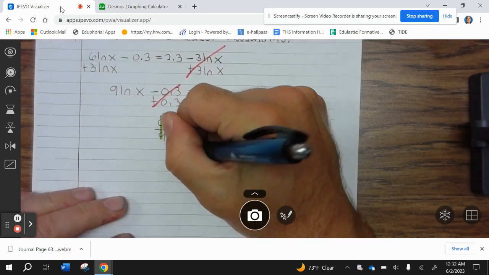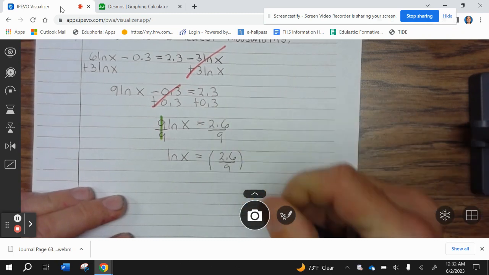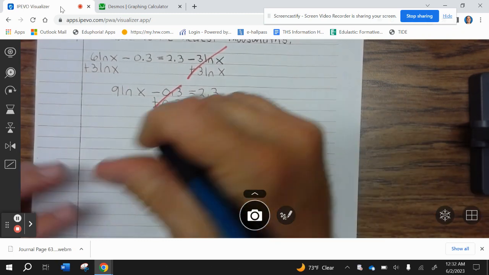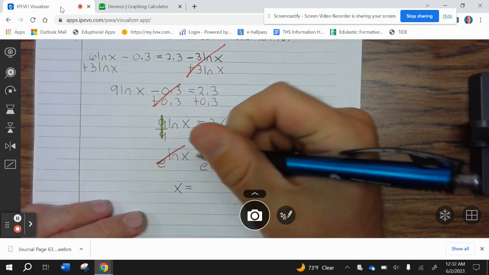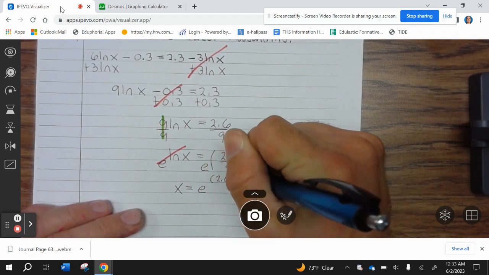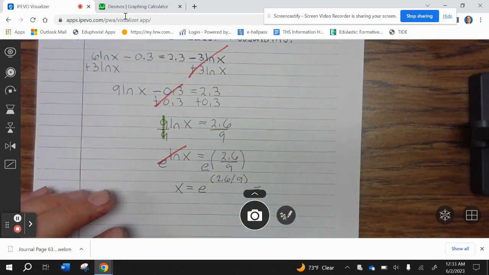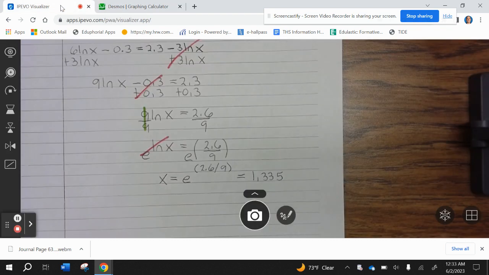You get natural log of x equals 2.6 divided by 9. Raise both by e. Cancels, you get x equals e to the 2.6 divided by 9, which equals 1.335.